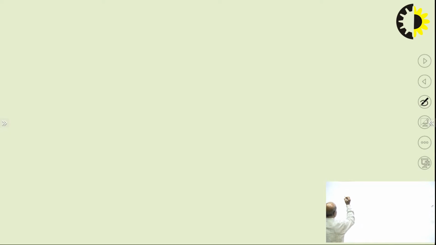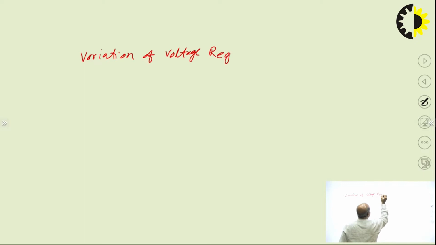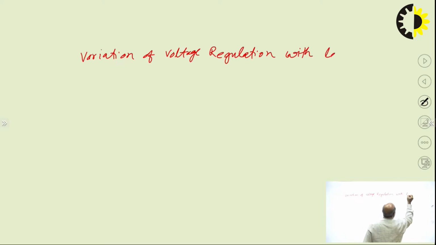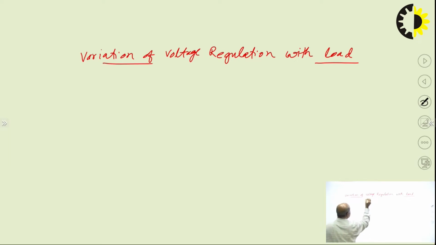So let us see the variation of voltage regulation with load.